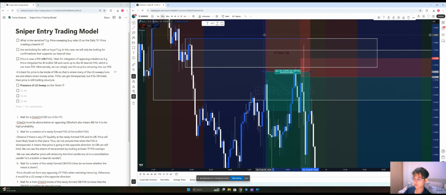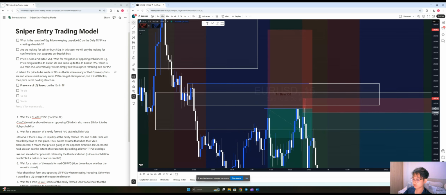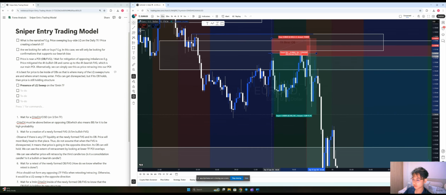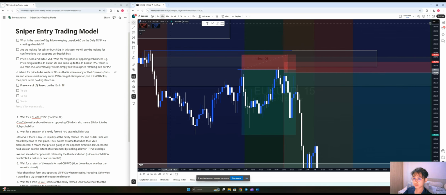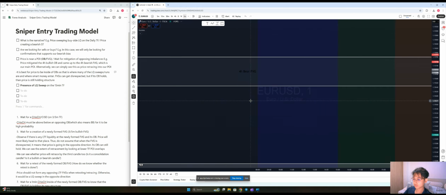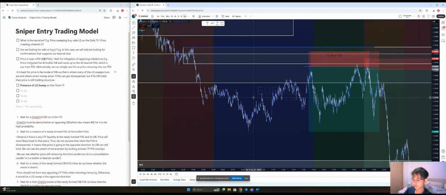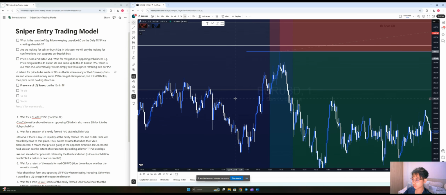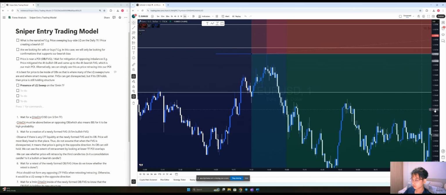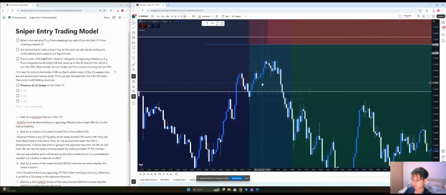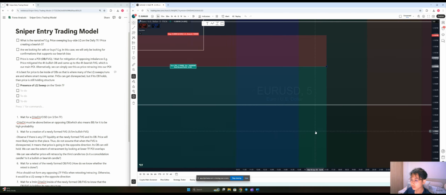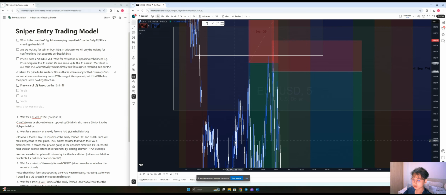Okay, let's say we enter for shorts here, like this. So we will have to go to the 1 minute to see what price action gives us. So on the 1 minute, what do we see? Okay, on the 1 minute, let's see on the 5 minutes.